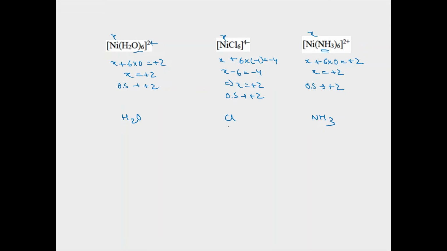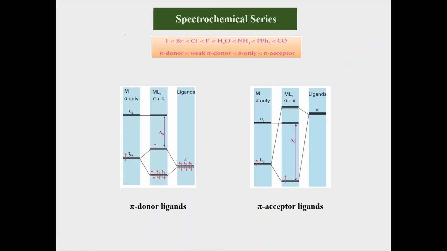Cl is a halide ligand, which is a pi donor, and H2O and NH3 are having only sigma type interaction with the metal. Now if we look at the spectrochemical series, the halide ligands are the weakest, the most weak field ligands.